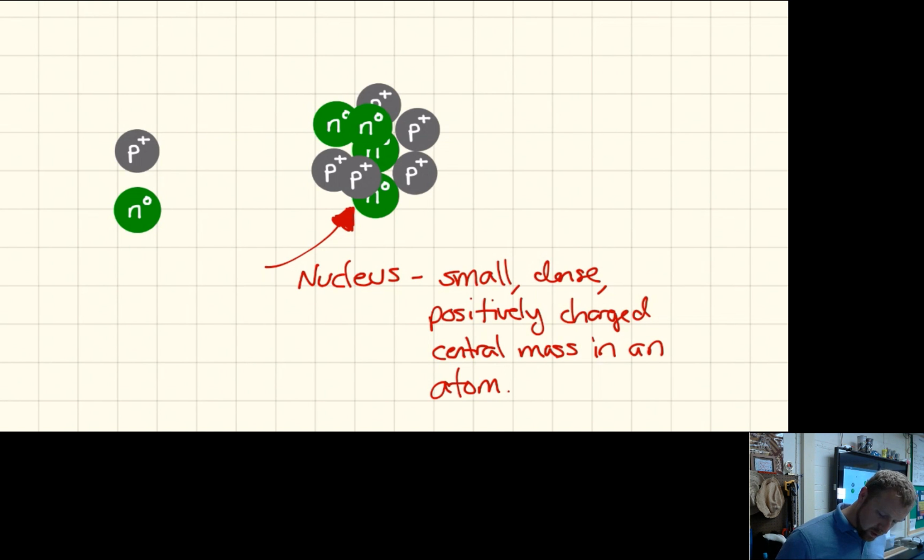Is it starting to look like they're overlapping a little bit? Yep, it's starting to look like maybe there's some layers. Okay, so it starts to get kind of messy, but that's kind of how it works. It's a ball of neutrons and protons clumped together.